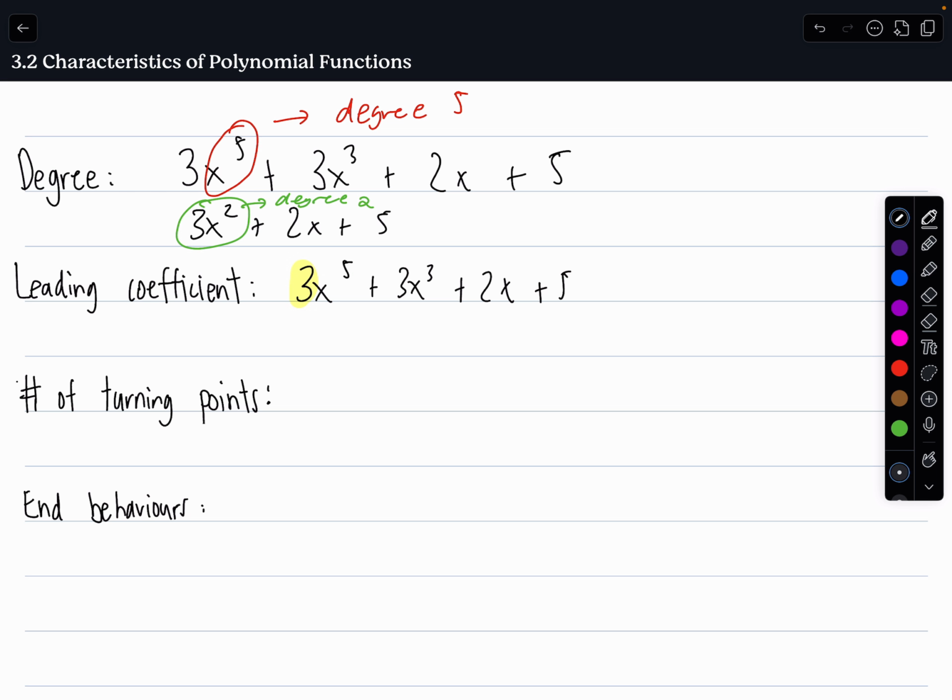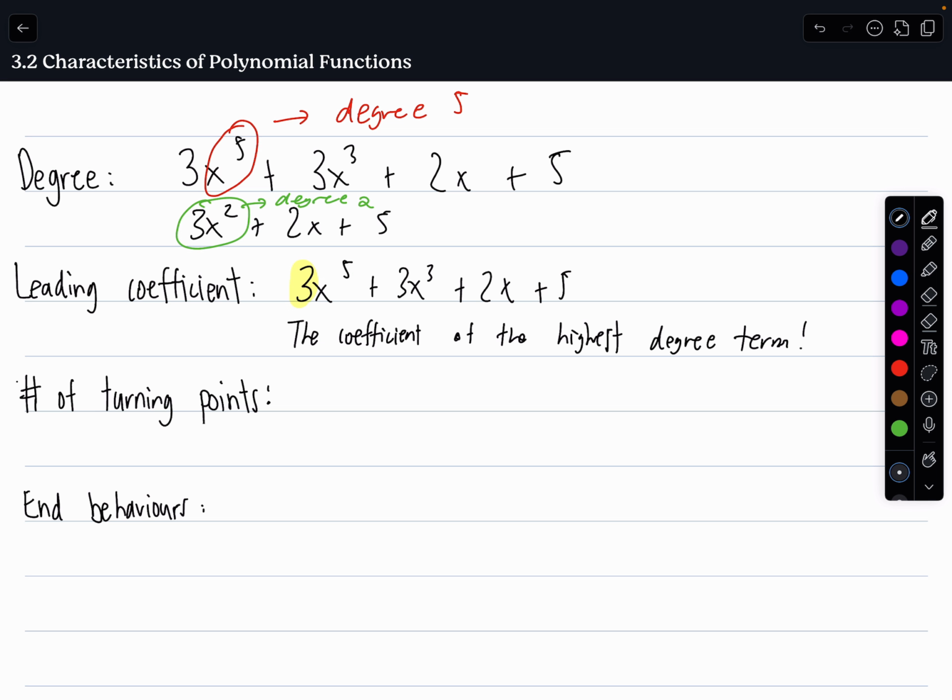So in short, the leading coefficient is the coefficient of the highest degree term.